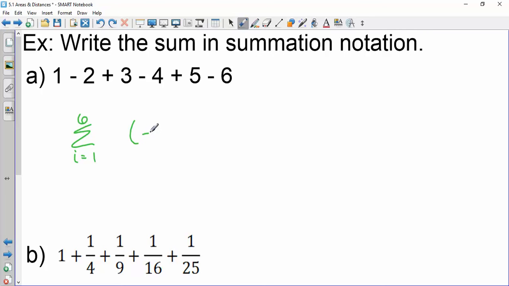Okay, so if we just did -1 to the i power, that would make the first number I put in negative, but I need it to be positive. So what should I do to my exponent? Add 1. Okay, so then if I put in a 1, I get -1 squared, which is a positive. If I put in a 2, I get -1 to the third, which is negative. How would I just get my number 2?